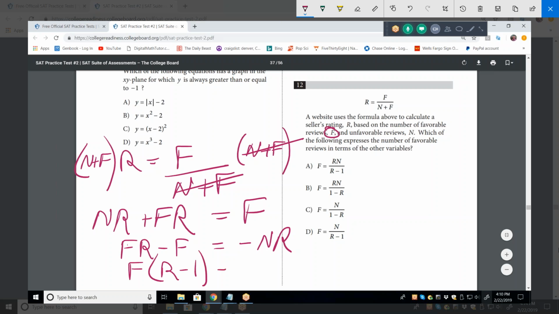Now, notice we can solve for f. In other words, the only f we have left is this one right there. So if I divide both sides by r minus 1, that's going to be my answer. Now, you'll notice that that's not on there. There's another way to express what I have circled.